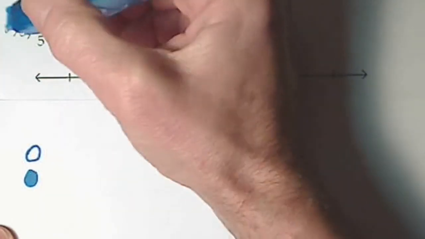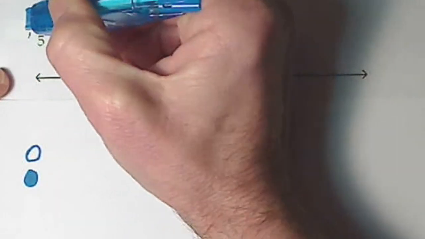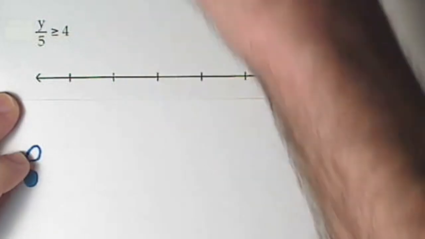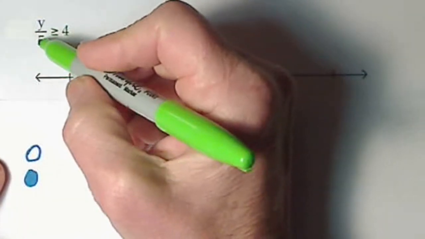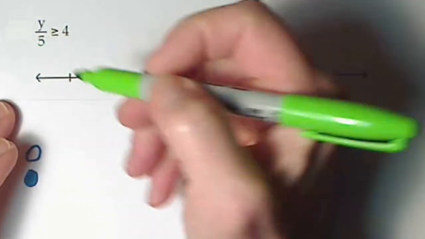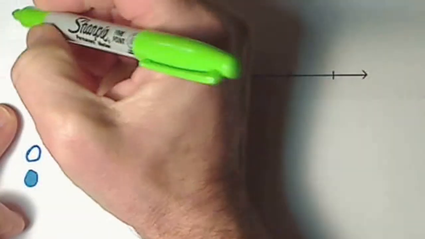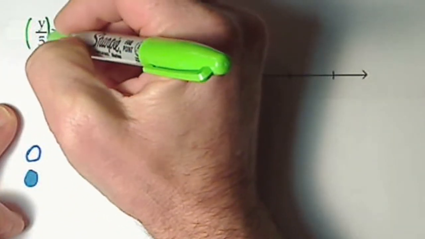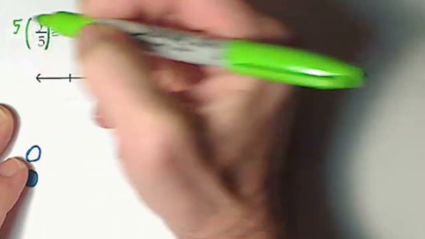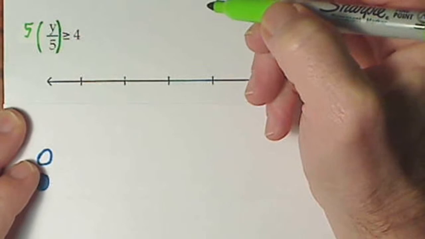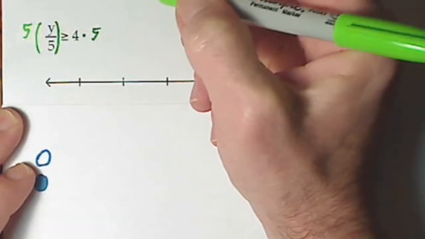And this 73 is kind of in my way right now, so I'm going to get rid of that. Good. Now, in order to have y all by itself, I need to get rid of the 5. The 5 is held there by division, so the opposite operation is multiplication. So I'm going to use parentheses to indicate that I'm multiplying. I'm going to multiply by 5, and if I do that on one side, I have to do that on the other, times 5. Okay?